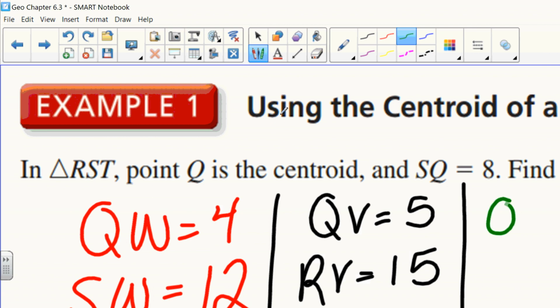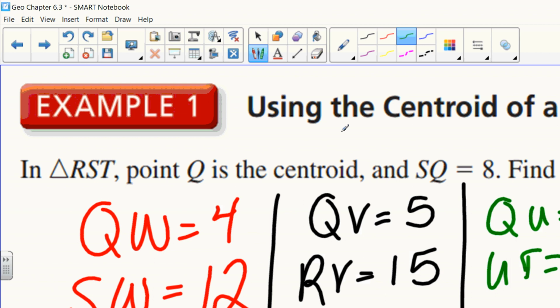And QU would be 12, because the bigger section is 12, and UT would be 18. And that's it. If we're given the whole section and we want the bigger or smaller, we can multiply it by 2/3 to get the bigger section, or 1/3 to get the smaller. And then we can go from smaller to bigger or bigger to smaller. Any questions on this here?